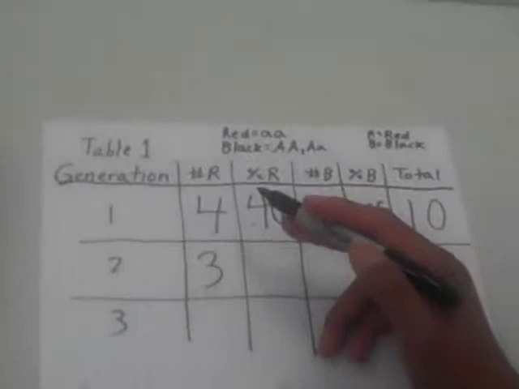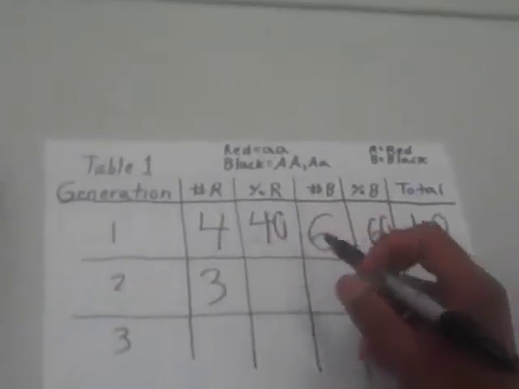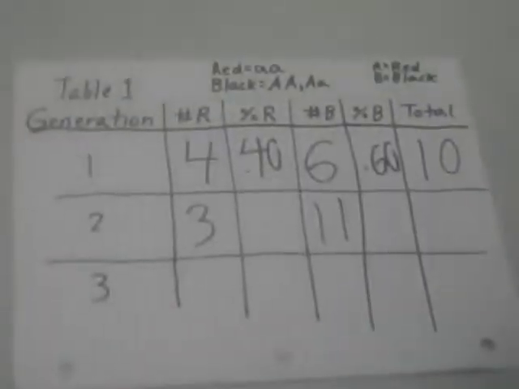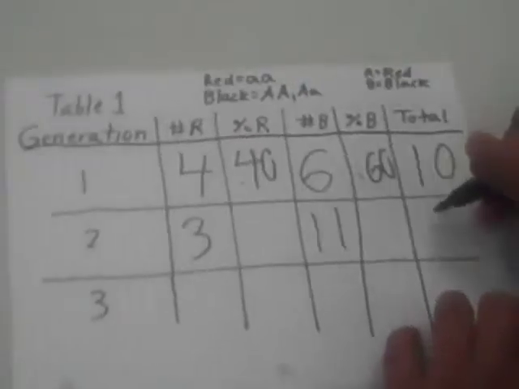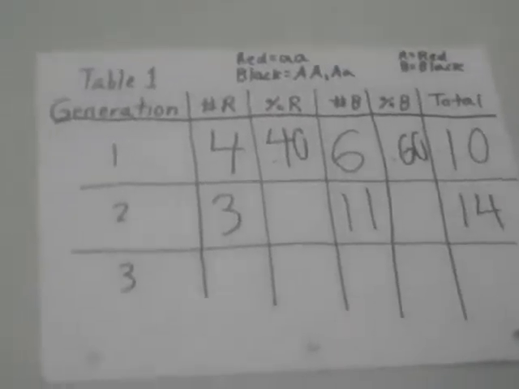Okay, so in generation 2, we had 3 reds and 11 blacks. The reds were selected against, but they still are here through random selection. So the percent red is 3 divided by 14.